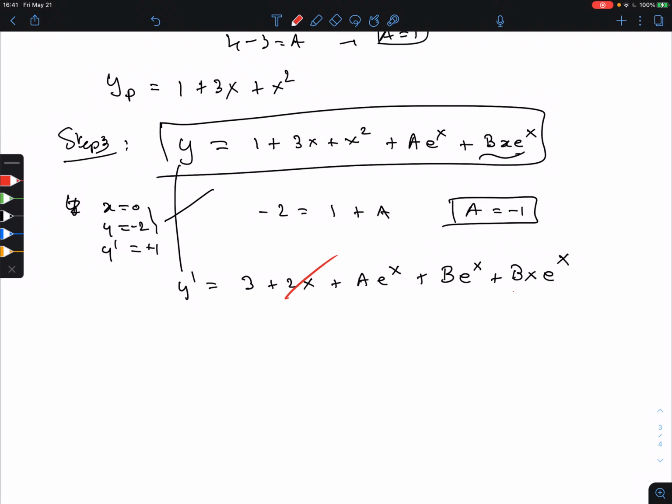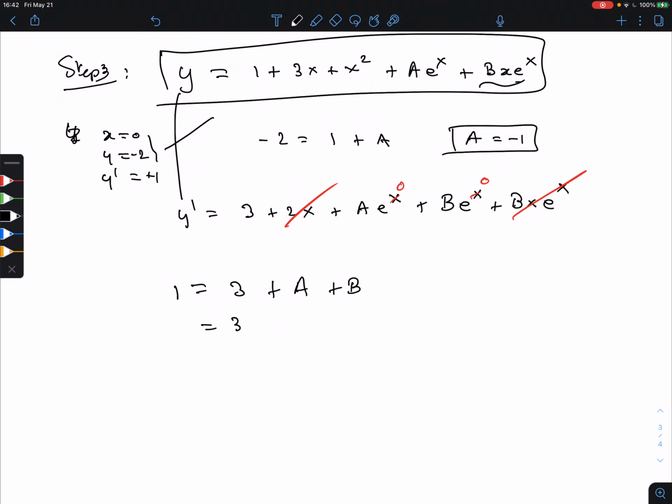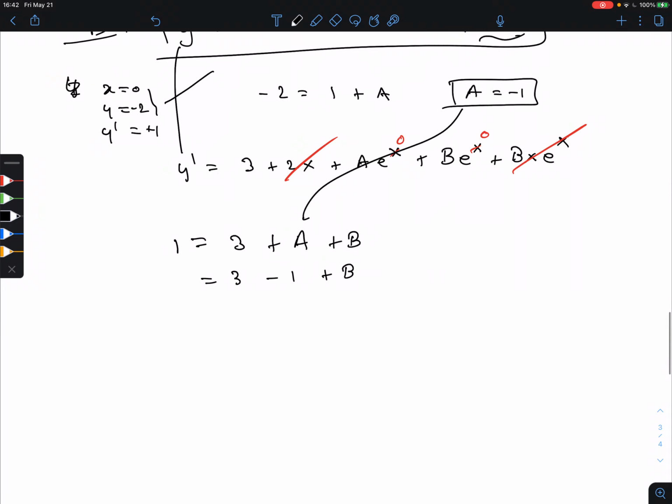With x equal to 0, this goes, so this will be 0 and this will be 0, and so what we get is 1 equals 3 plus a e^0, that is a, plus b, and that last term was 0. We know that a was -1, so this is 3 minus 1, plus b, and so I can solve for b. This is 2, and so 1 minus 2 is b, so b is also -1.